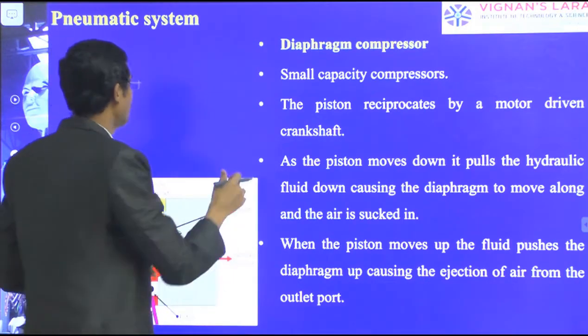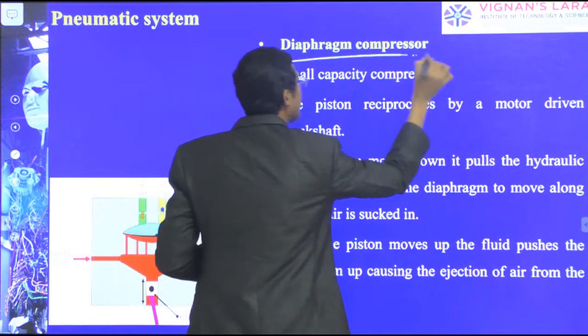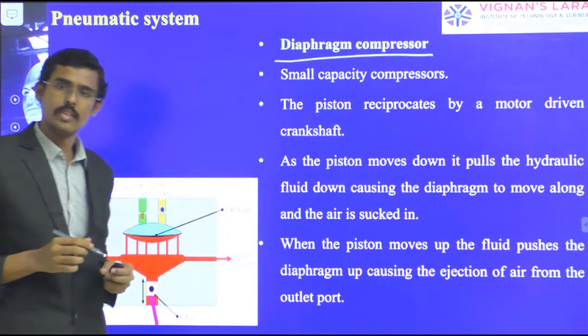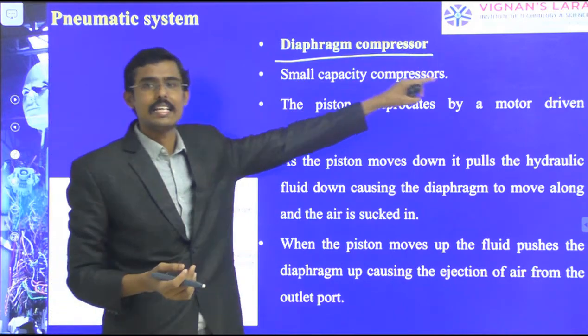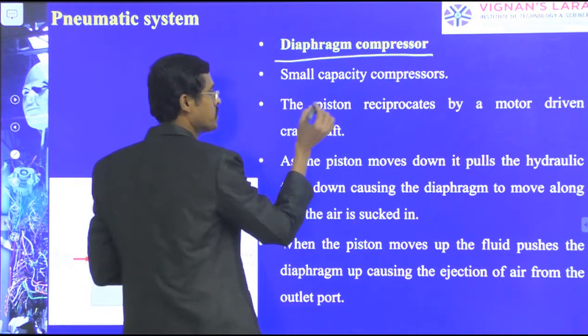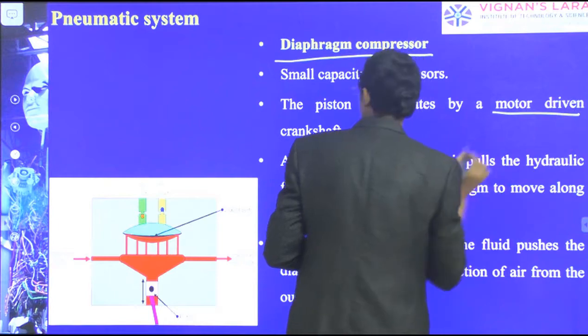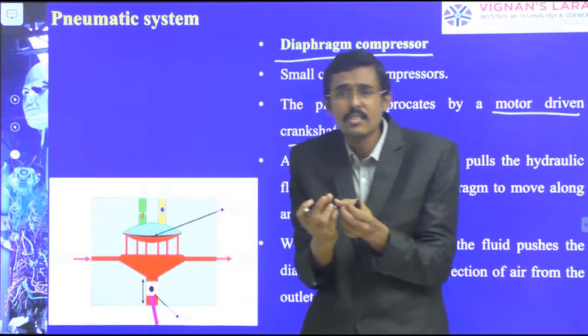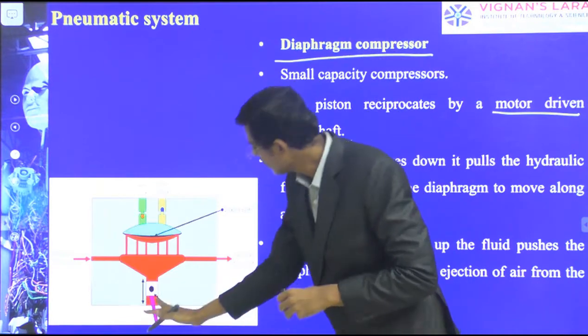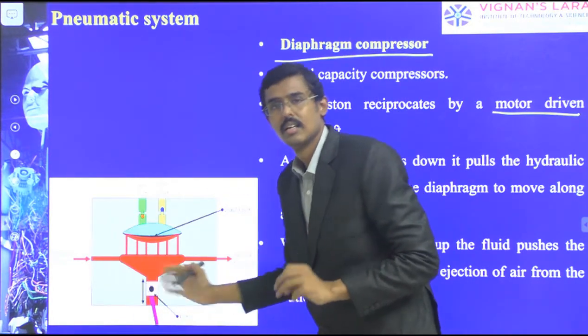Next I am coming to some other type, the diaphragm compressor. It is also a very important one, a small capacity compressor. The piston reciprocates by the motor driven crankshaft. We understand here that it is a combination of fluid and air. Here the fluid is coming in.